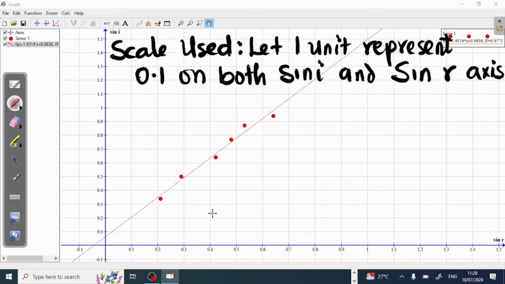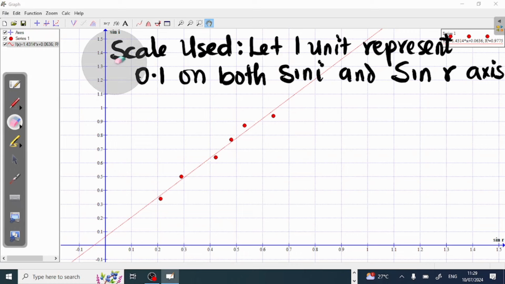All right, so this is how you use your scale. Let 1 unit represent 0.1 on both sine I axis and sine R axis. So this is how we do the scale used. Now I'm using this because I'm using a software to do this. So if you plot your graph and it's not exactly like this, you should know how to go about your scale.